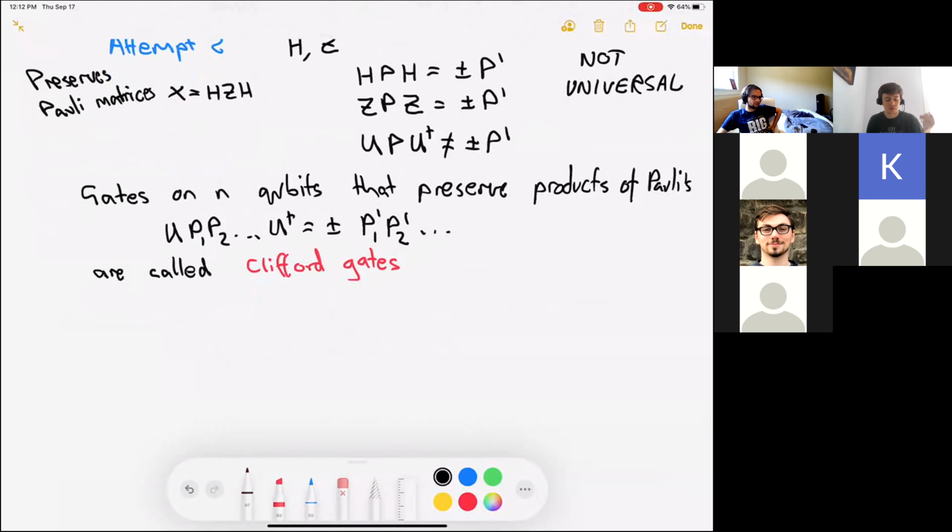They form a group, right? Products of Clifford gates are also Clifford gates.